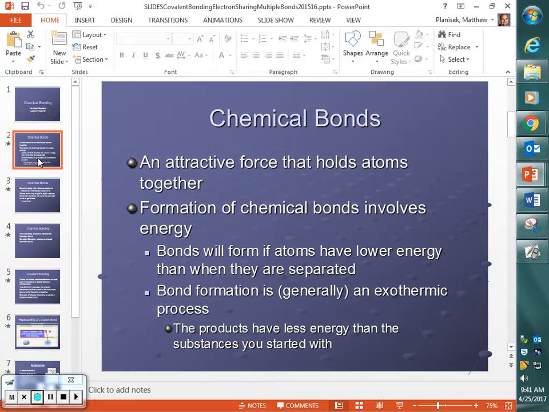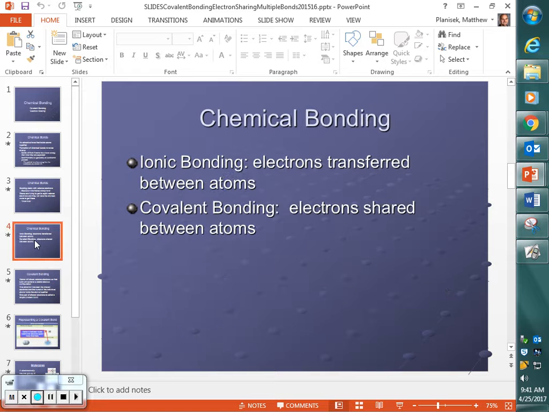None of these things change. Why atoms bond, what they're looking to accomplish, what a bond is, that's all exactly the same thing. But how that happens is a little bit different.